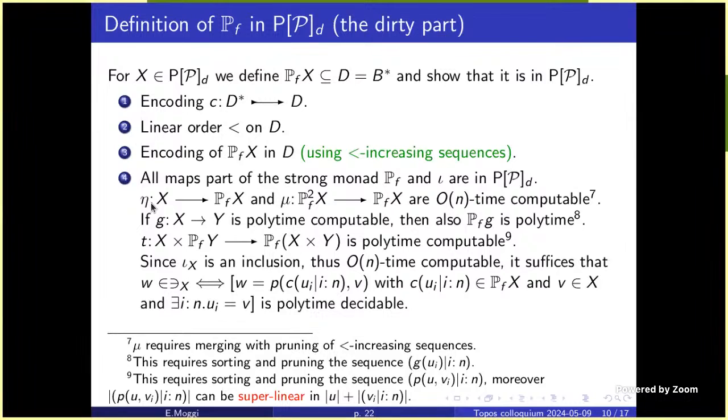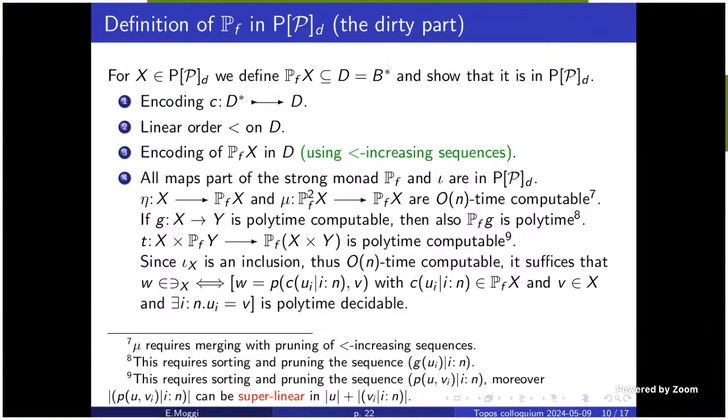It's easy to show that the unit works. What I have to prove here is that given a bit string representing an element in X, I should be able to produce the bit string representing the singleton.